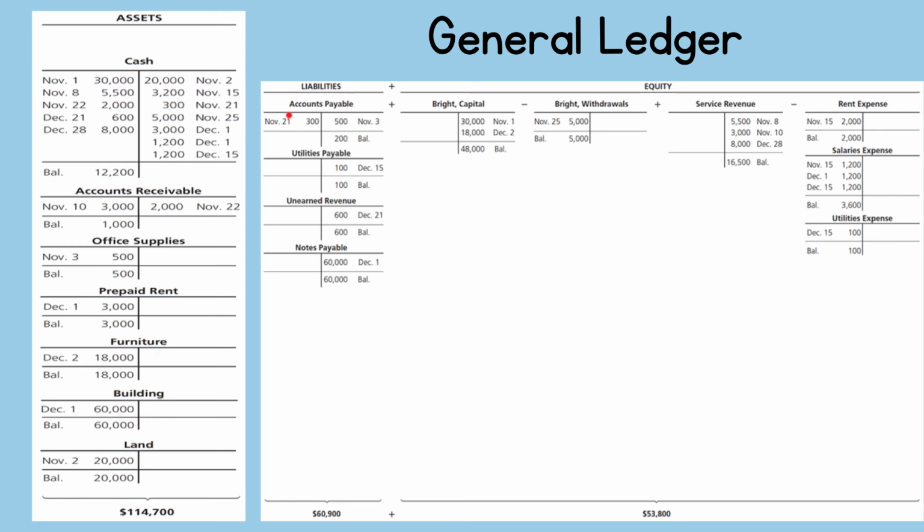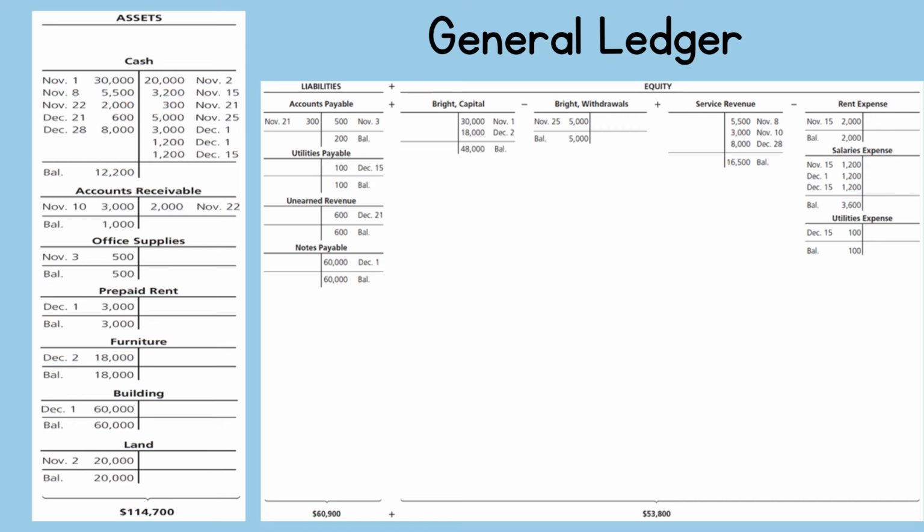Under liabilities, we had accounts payable, utilities payable, unearned revenue, and notes payable. Under equity, we had capital, withdrawals, service revenue, and 3 expenses: rent, salaries, and utilities. So now, how can we do this?